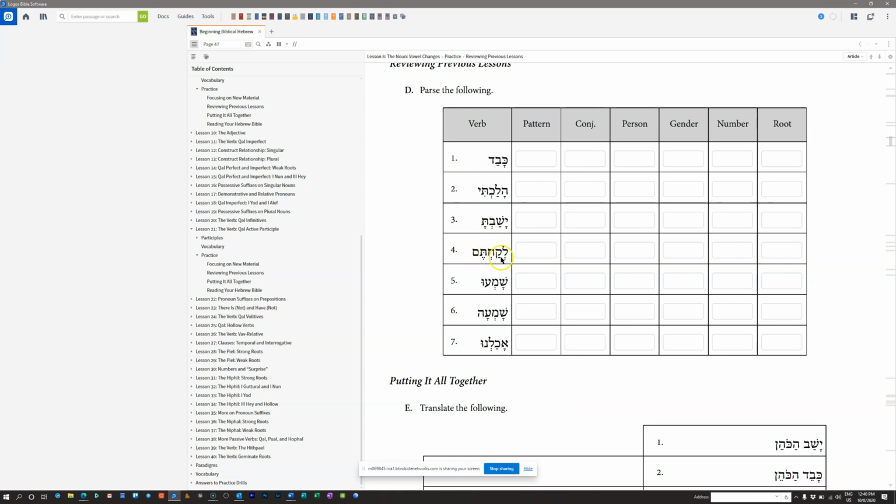Number 4, lakachtem. You see that we have the heavy suffix here, this consonantal two-letter suffix. And so the heaviness of this suffix is going to pull the accent. Well, I don't want to overcomplicate it.